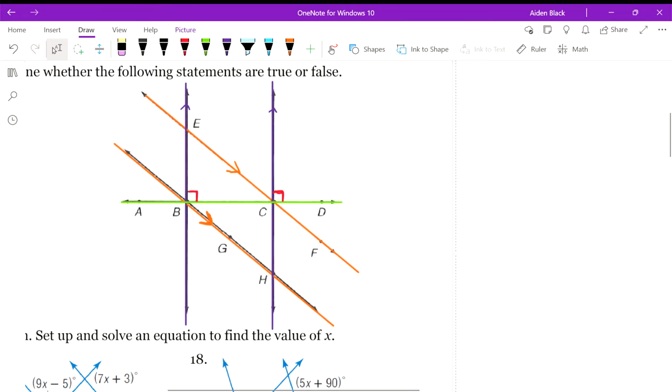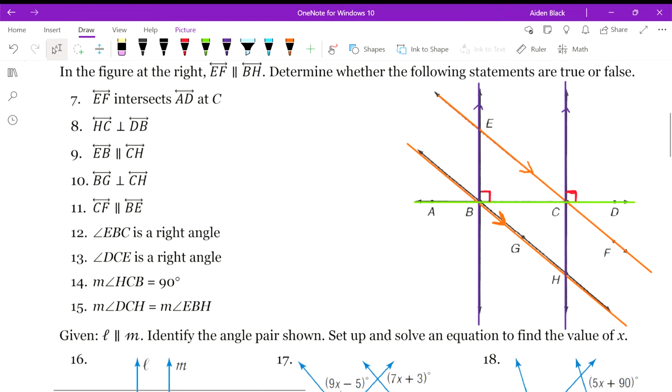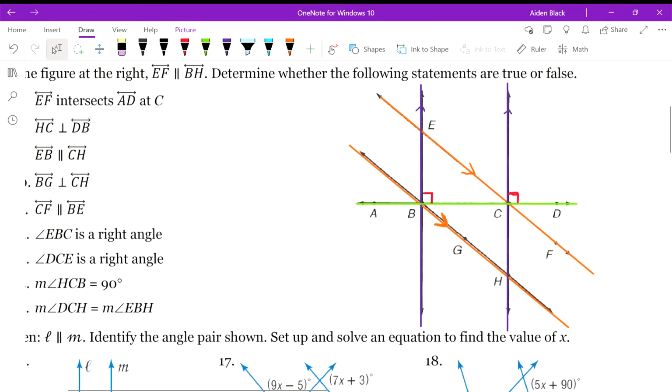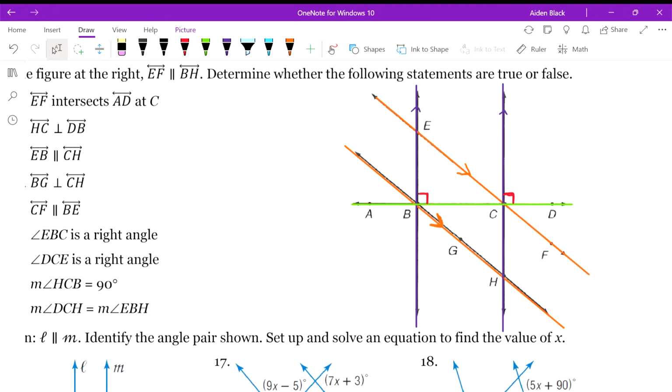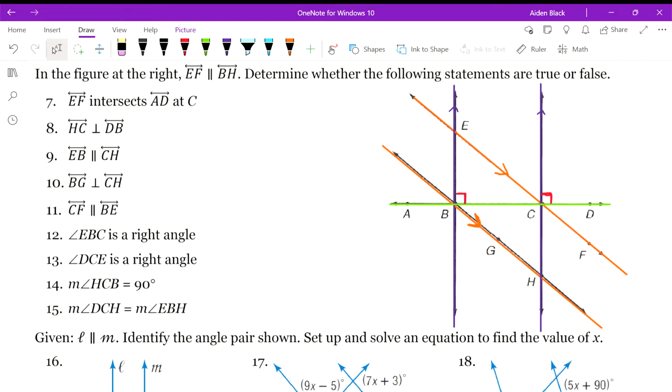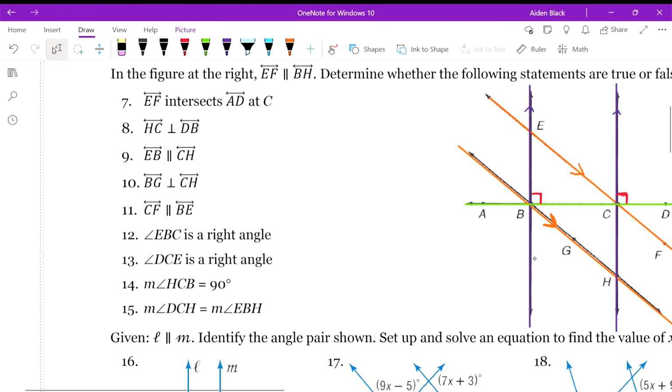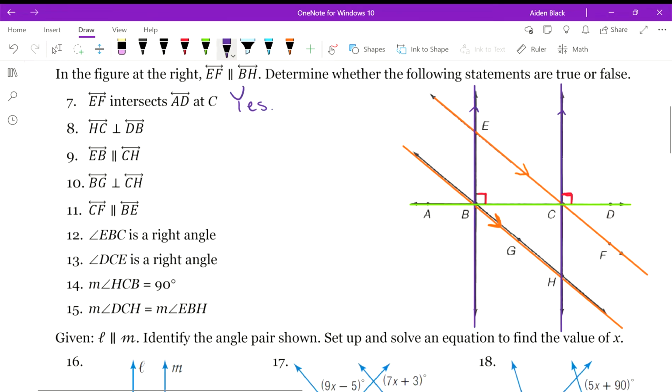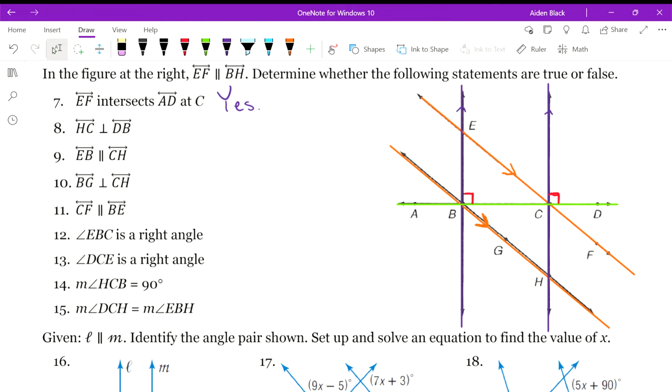Okay. So EF intersects AD at C. Determine whether this is true or false. EF is this orange line, and is it intersecting AD at point C? We can say yes. This is something we can assume. We can assume betweenness of points.